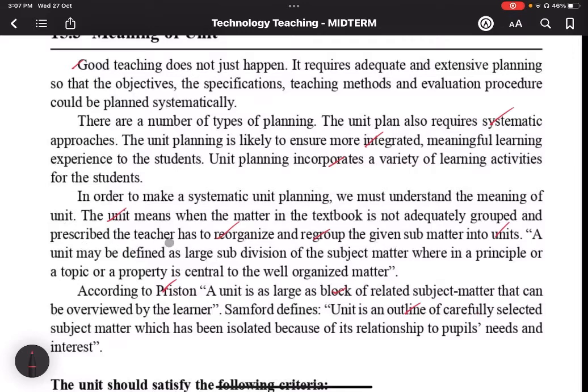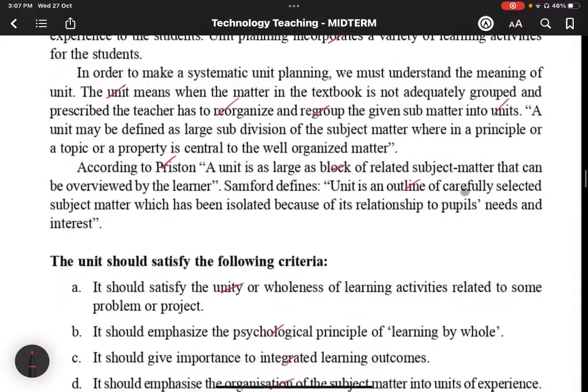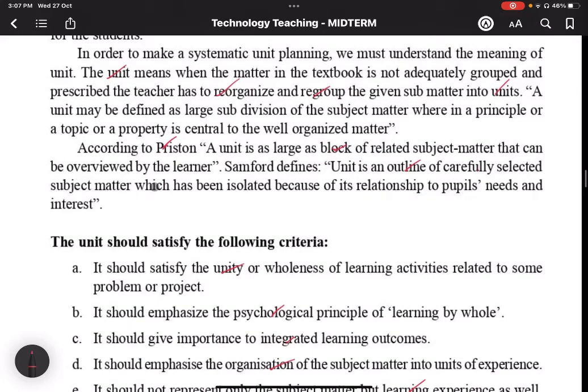Trabaho ng teacher, no? na divide it, no? To divide it by subject matter, no? Or sub-units ang tawag natin. Subdivision of the subject matter. So according to Princeton, a unit is as large as block of related subject matter that can be overviewed by the learner.